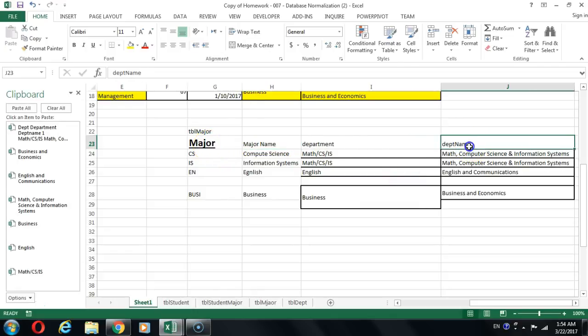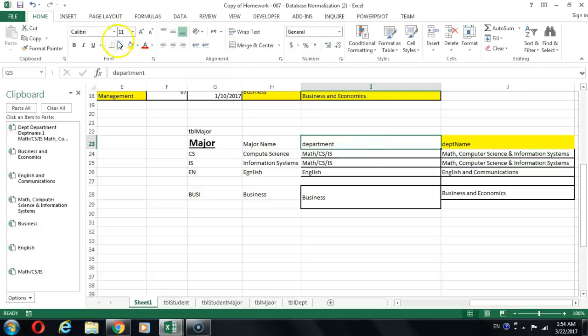The department name will never exist unless the department exists. So the department name is entirely dependent on the department. And there is a dependency between the non-key department name and the non-key department. So this is what we call transitive dependency, where two non-keys depend on each other.